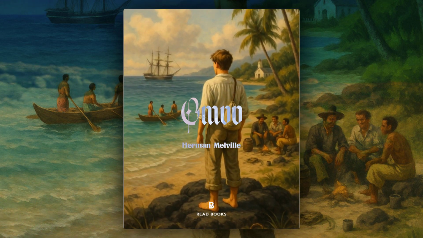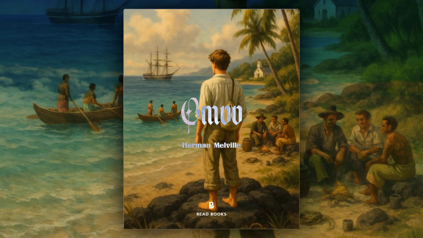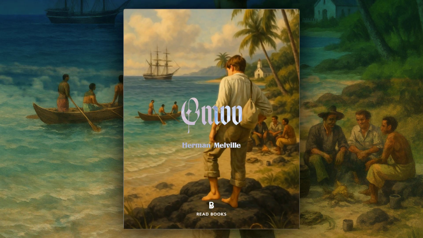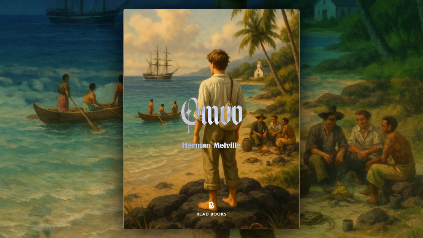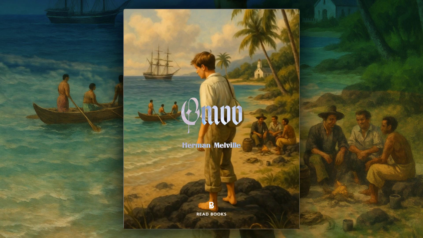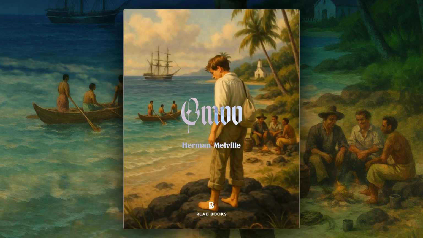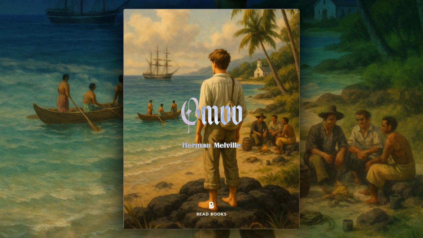With the arrival of events like shipwrecks and potential confrontations with authorities, Tommo's pursuit of freedom and adventure is tested. The narrative is layered with Melville's deep appreciation for the beauty of the natural world, juxtaposed with a critical view of Western civilization and its impact.